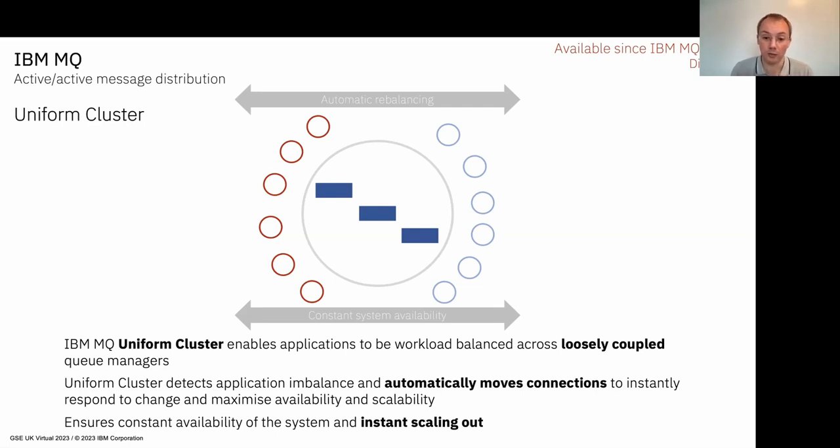Whereas with a uniform cluster on distributed platforms, because each queue manager has its own private queues, you definitely need to make sure that all your applications are spread across all of the queue managers, so you haven't got a queue manager with no applications connected to it, where its messages will just sit there and not be processed. So that's really why we had to add the application rebalancing logic on the distributed platforms, but we maybe don't have quite such a need with shared queues on z/OS.